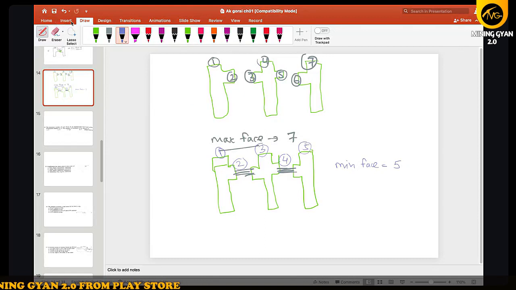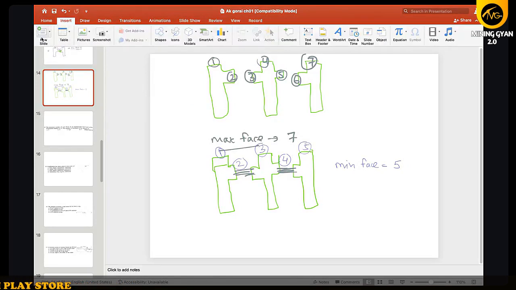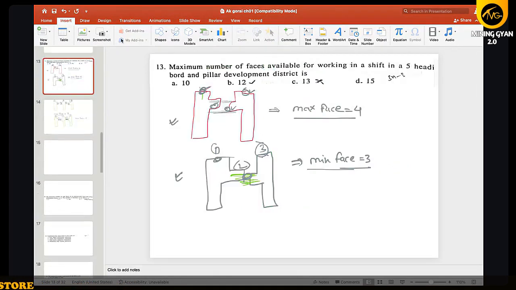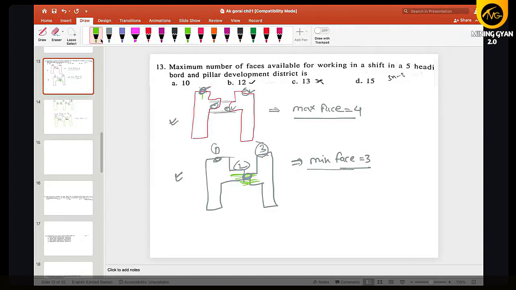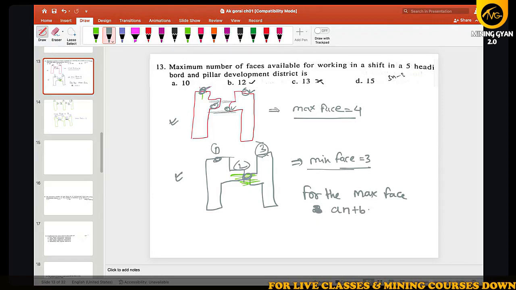So if we know two equations and two unknowns, we can find our equation. In this case, the formula for the maximum phase, let an plus b equal to maximum phase.